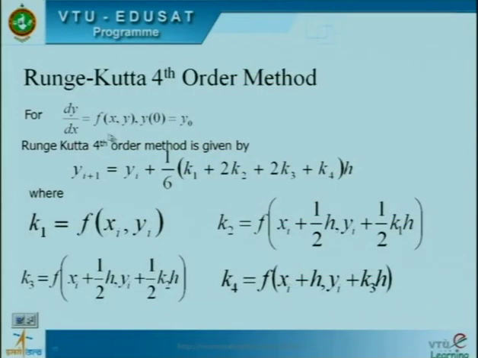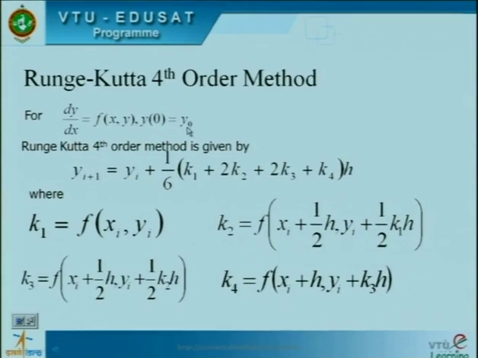For example, they will give an equation of this type: dy by dx is equal to f of x, y. This function of x, y can be assigned to dy by dx, which means slope, along with the condition y of 0 is equal to y naught. Sometimes they may give this condition in the form y of x naught is equal to y naught.